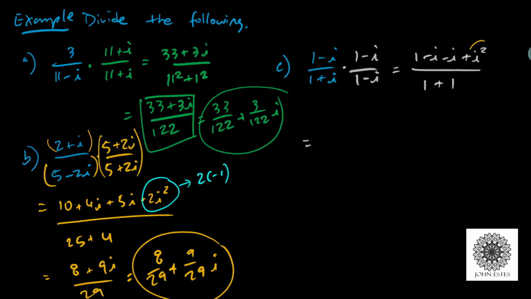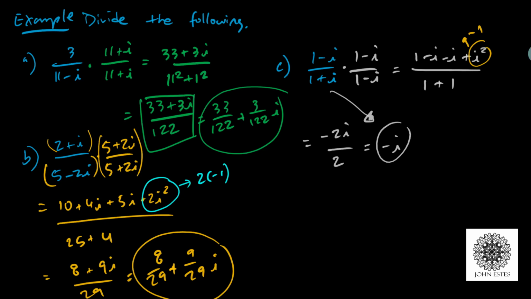So i squared is the same as what? Negative 1. So I have a 1 minus 1. Those go away. I end up with negative 2i. And in the denominator, I have 2. Which means this simplifies as just negative i. That was surprising, right? 1 minus i divided by 1 plus i is the same as negative i.